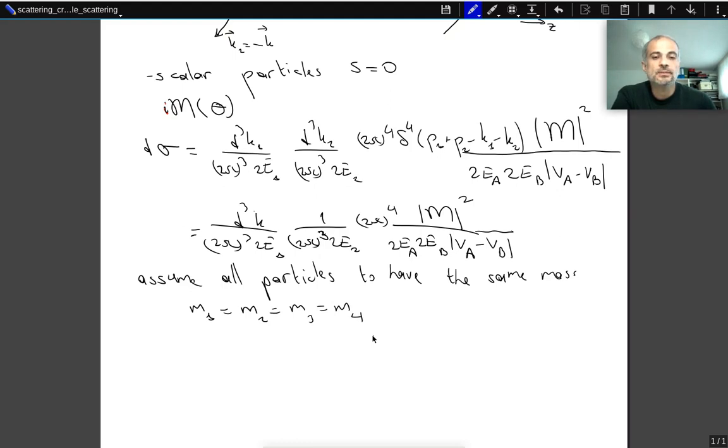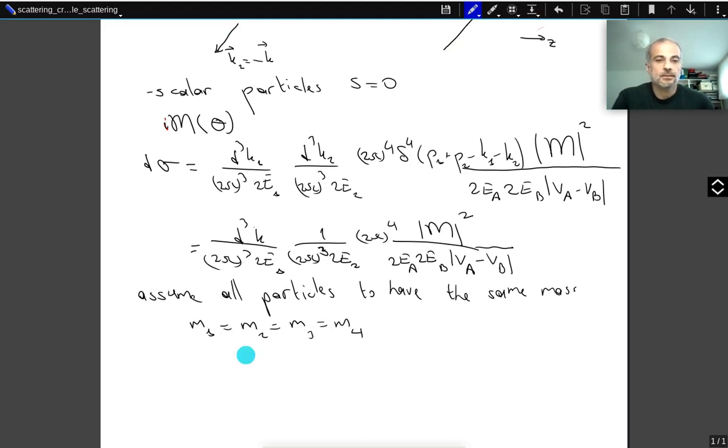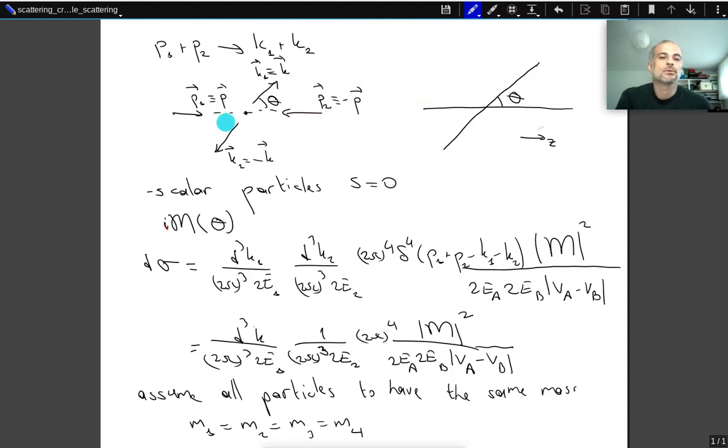We will see what happens if we assume the final state particles to be identical. Now, if the masses are equal, keep in mind that the momenta of the incident particles also have the same magnitude, so their energies are the same. So EA and EB are the same. Furthermore, the energies of the final state particles will also be the same since they have the same momentum.